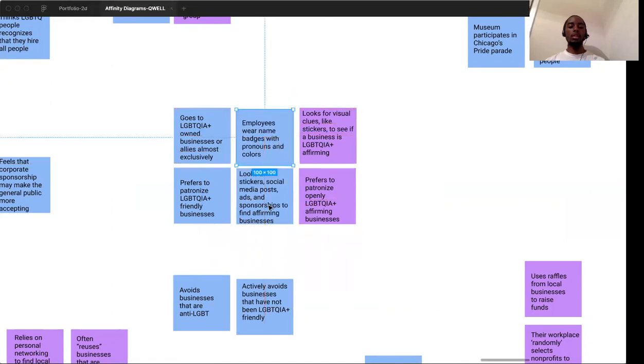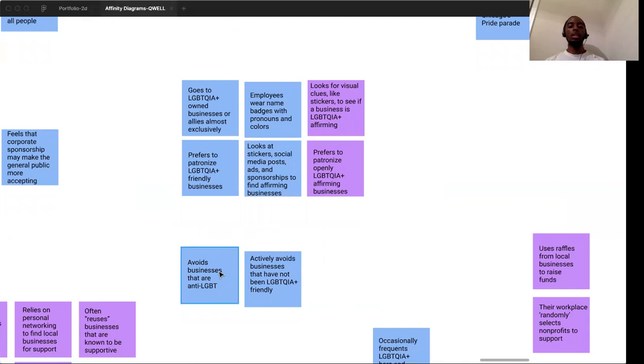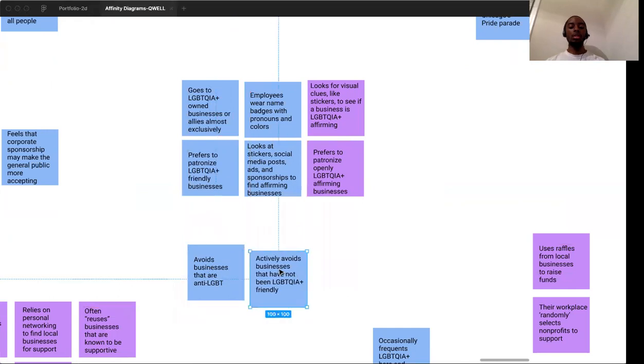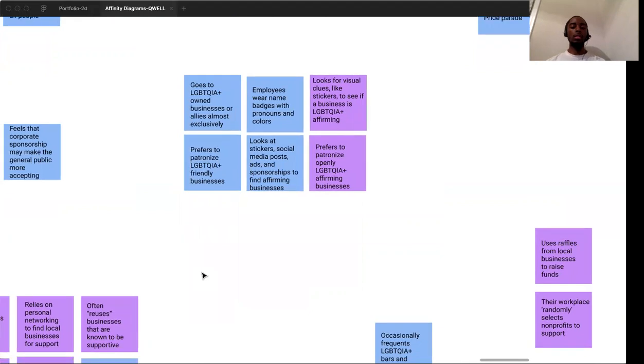Here they're saying that they see this business has a badge, a sign, something out there showing that it's LGBTQIA+ affirming or allies or owned. So this is visible. They're not really connecting with that business if they see they're anti. So I would probably take this out or just make it separate. Actually, I would just take it out because it's not really related to this board at all.